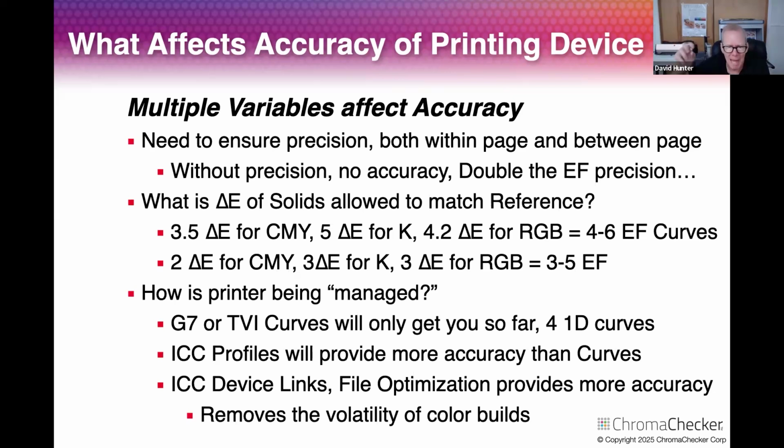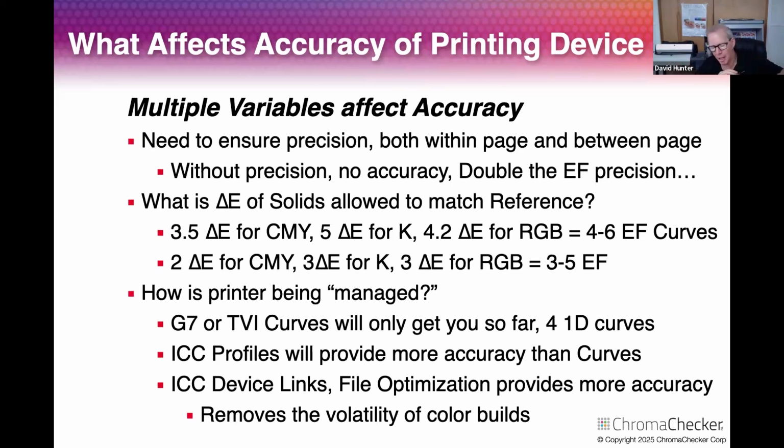You've got to color manage the solids to match the reference better. Now, we've all been working on a 3.5 for CMYK and a 5 for black, because that's what we promoted for GRACoL, color space, and targeted compliance.